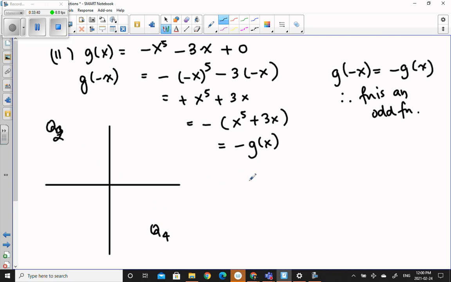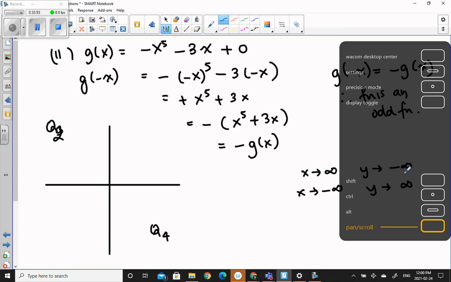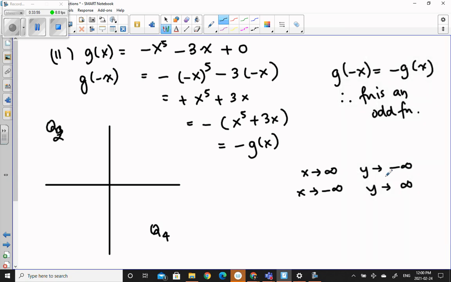That's going to be the end behavior. So as x approaches positive infinity, y approaches negative infinity, and when x becomes more negative, y becomes more positive. So that's the end behavior, and that's the answer for part A.